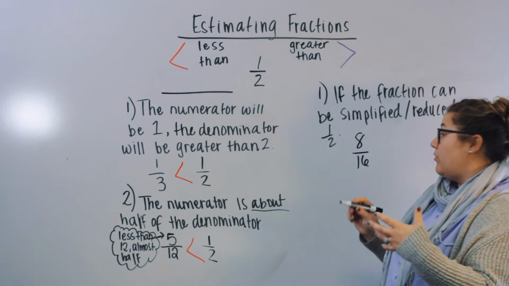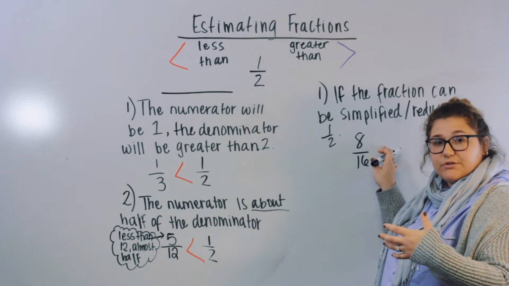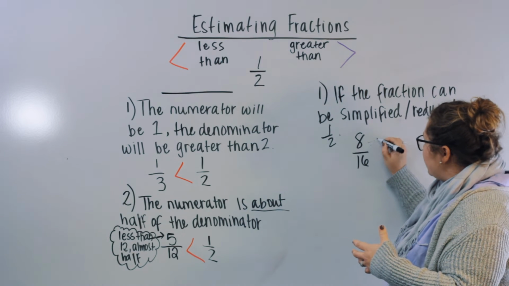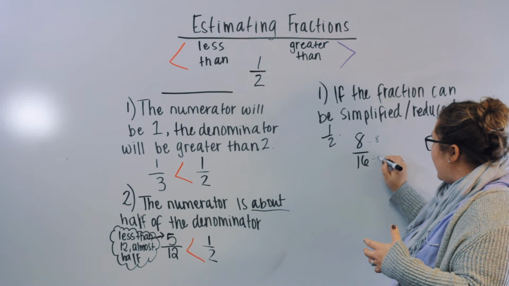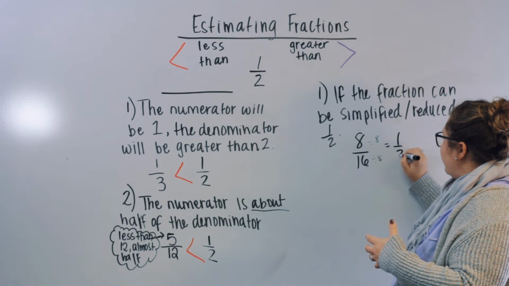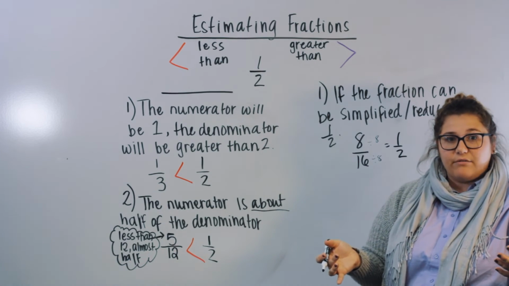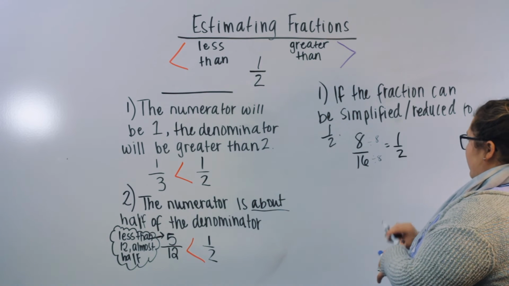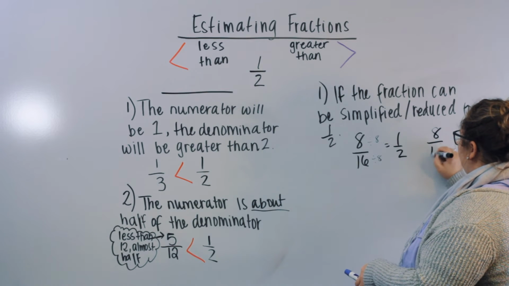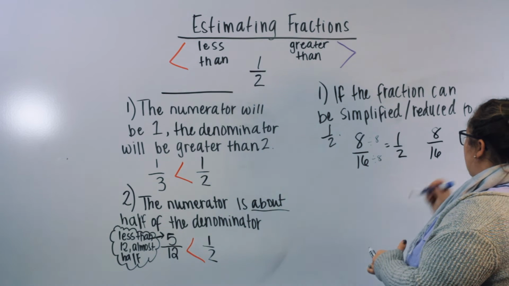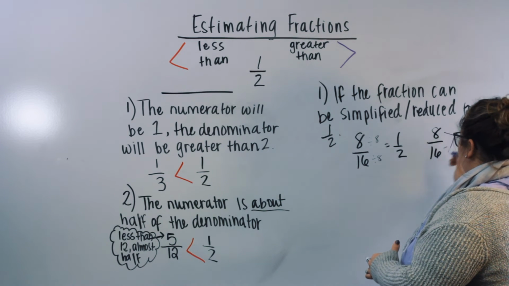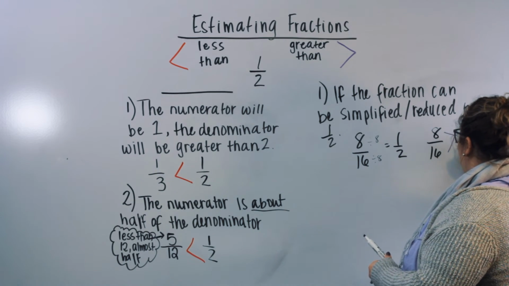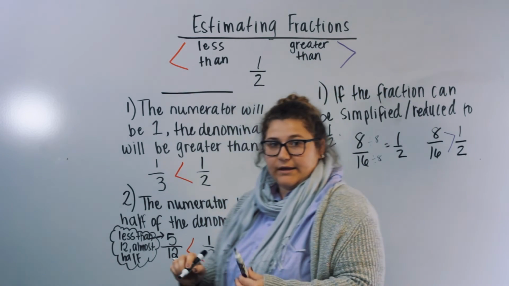I know that this can be reduced to half. Okay, so if I know divided by 8 divided by 8, it equals half. Okay, so if I were to write it over here, it would be greater than half. Okay, you see that?